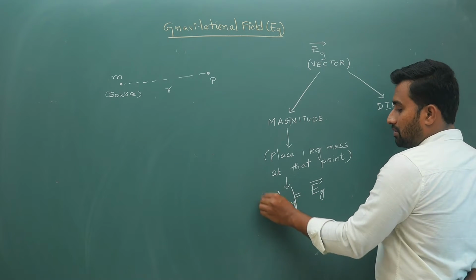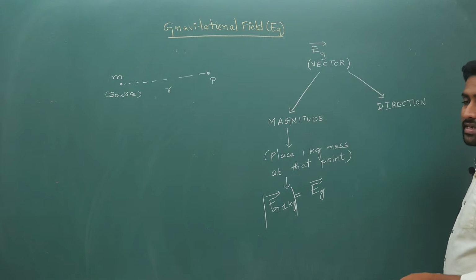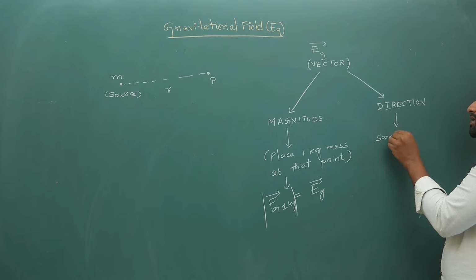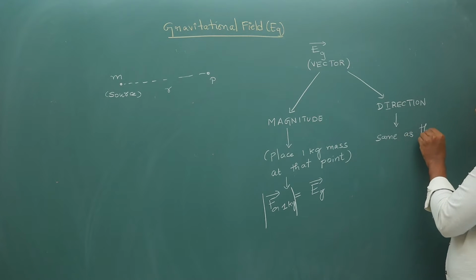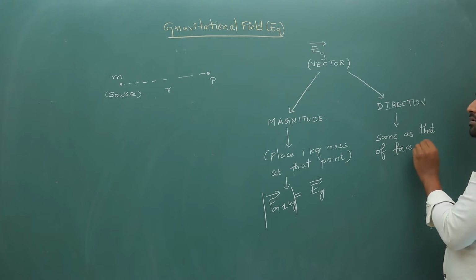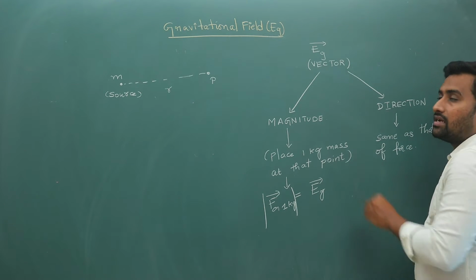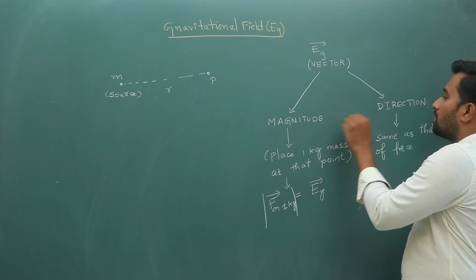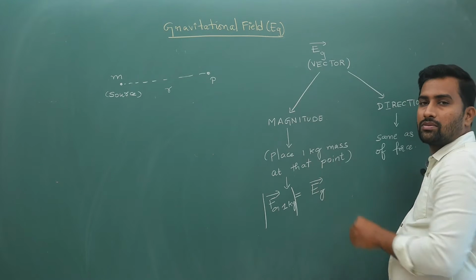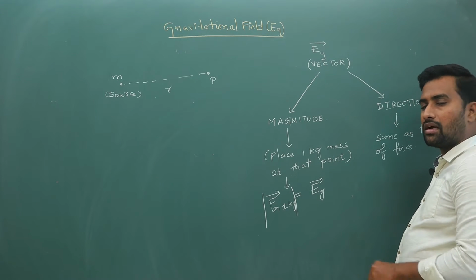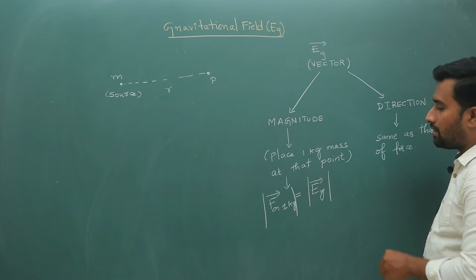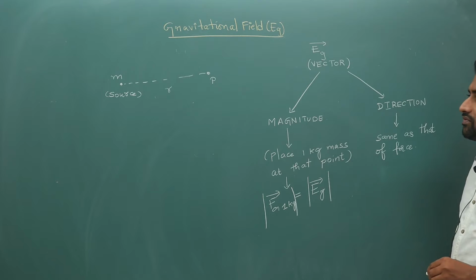The magnitude of force on 1 kg is your field, and the direction is the same as that of force. So to get the magnitude, place 1 kg mass at that particular point, and that force on 1 kg is your magnitude of gravitational field; the direction is the same as that of force.